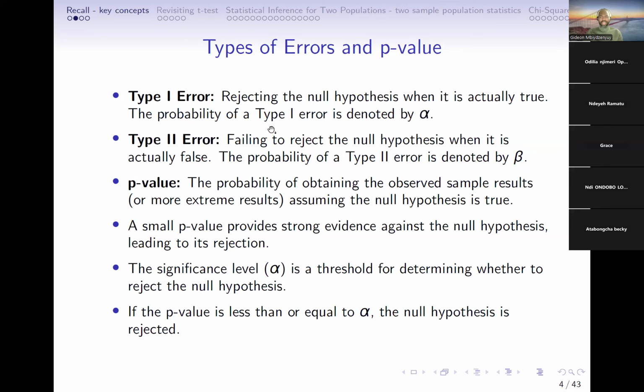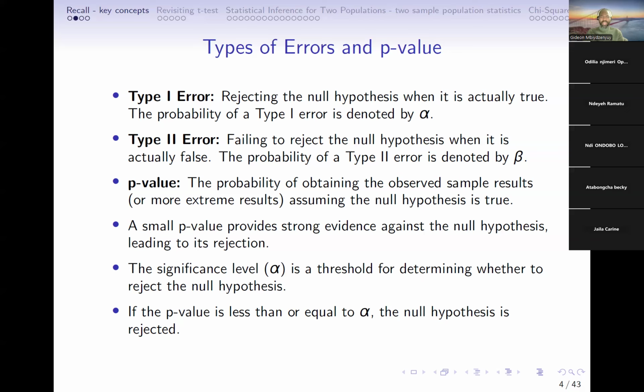And it turns out that the null hypothesis should not have been rejected. Then we call that a type 1 error, which is denoted by alpha. The type 2 error was if we fail to reject the null hypothesis when we actually should have. Then we call that the type 2 error, and we use beta.